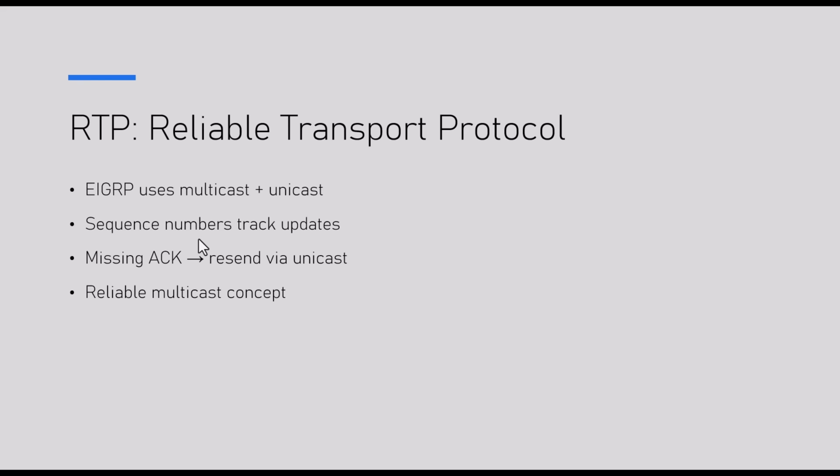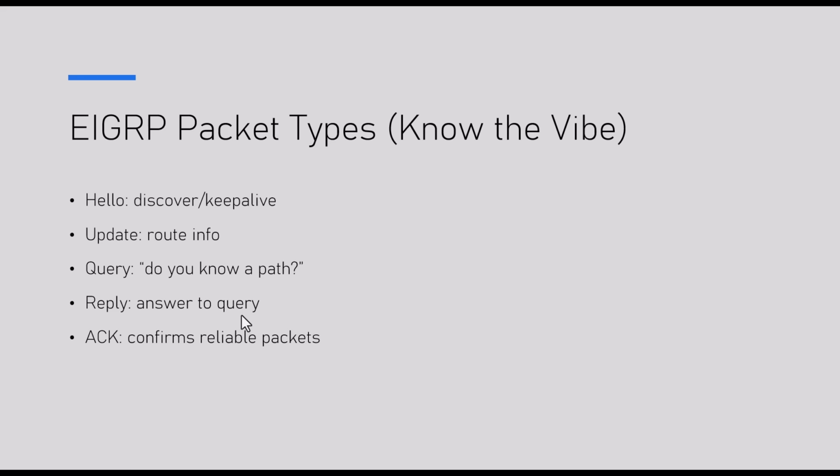And also when we send the updates, we are going to have a sequence number on top of that, which means that the neighbor is going to know if it has missed any of my updates. So if there is a missing acknowledgement, which means that the neighbor has told me that I have not received this, then I'm just going to send that specific packet or specific part of information again, and it is going to receive it and install it in its network.